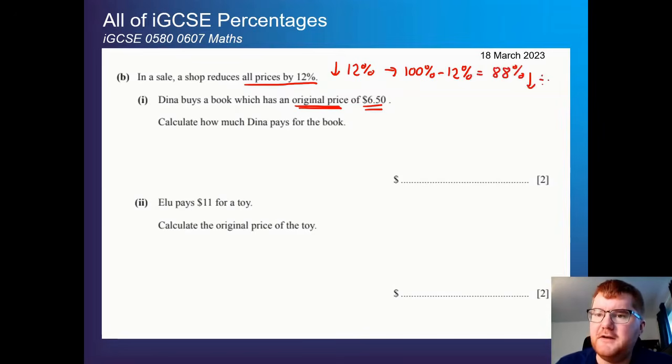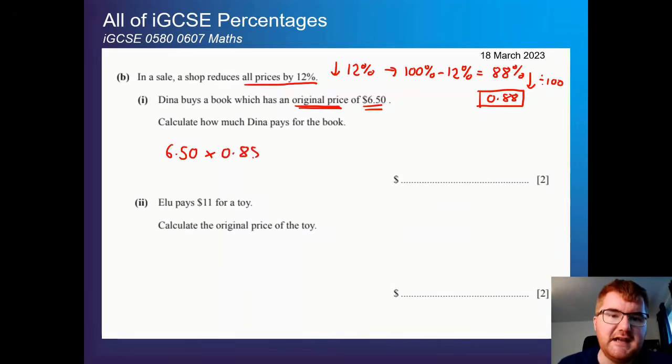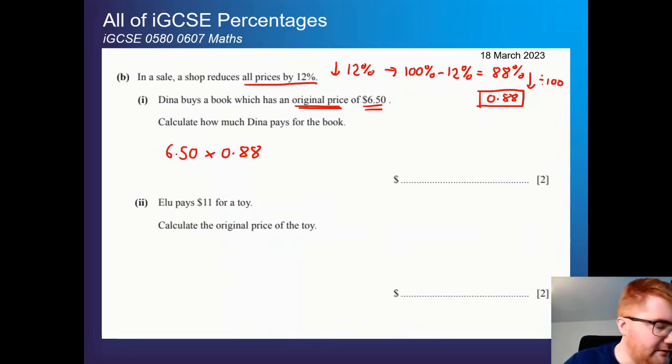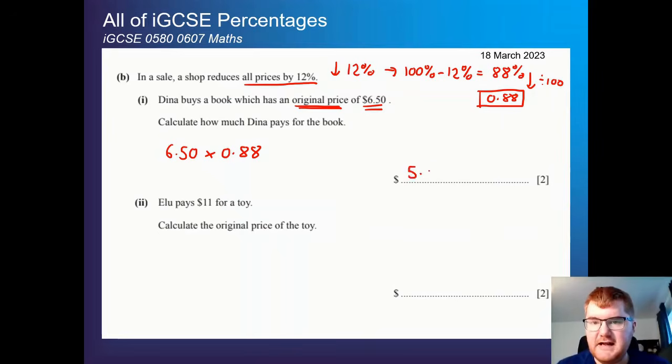As a decimal, by dividing by 100, that gives us 0.88. So to work out the new price Dina pays for the book, we do 6.50 times 0.88. So we pop that into our calculator, and that's going to give us $5.72.